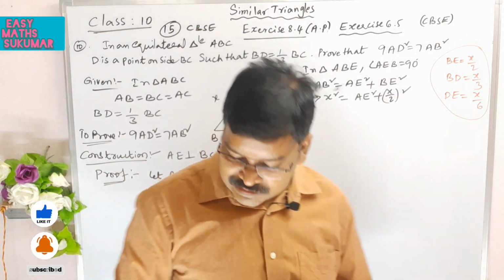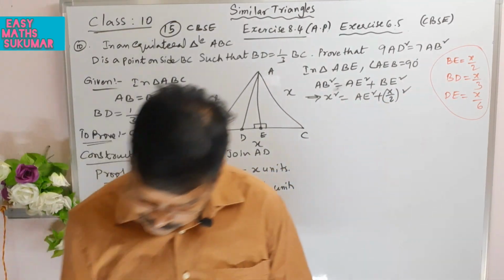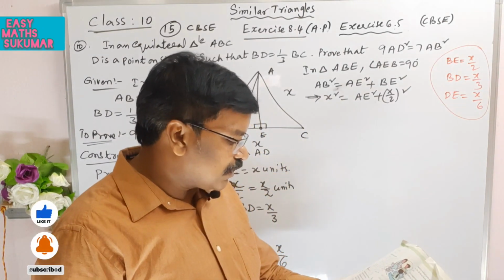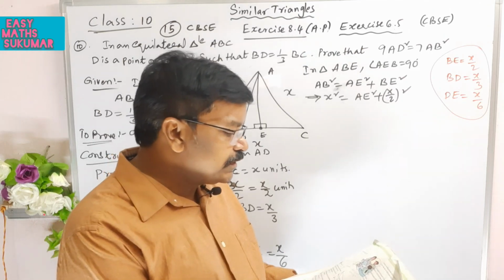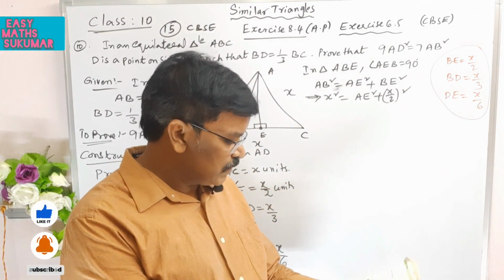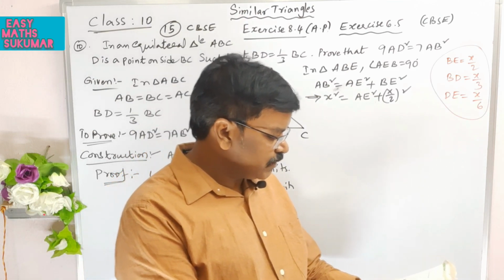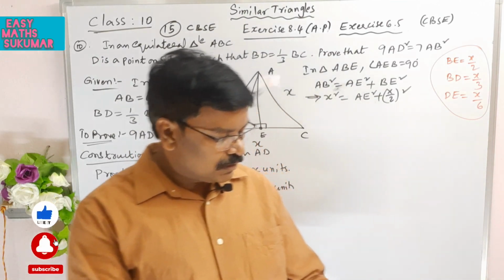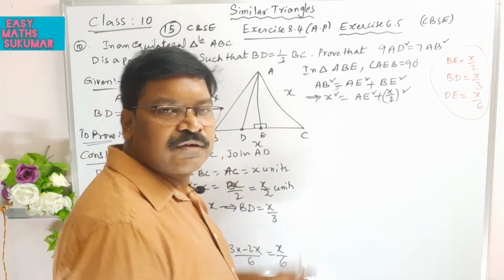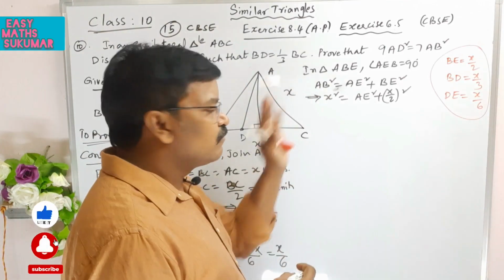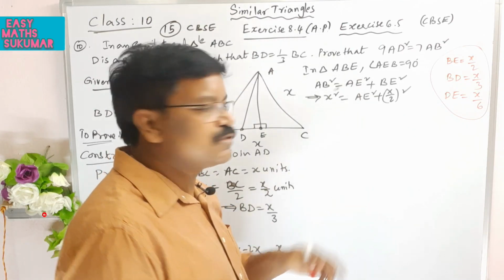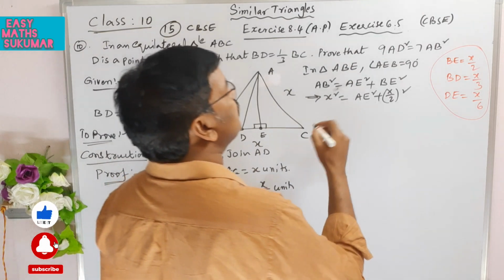Already we did this sum in the exercise, where we found the length of the altitude, in the third sum only. We use the same steps here also, by taking triangle ABE.